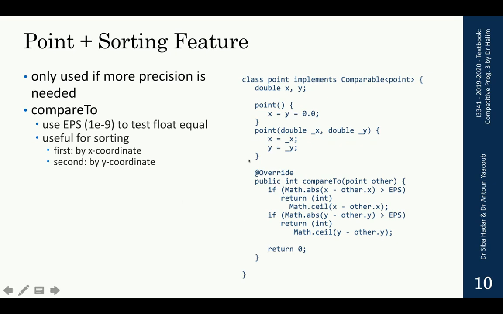This is a very important method that is overridden here, and it says whenever you are going to compare this point with another point, you compare first, as you can see, the x value, the x fields.